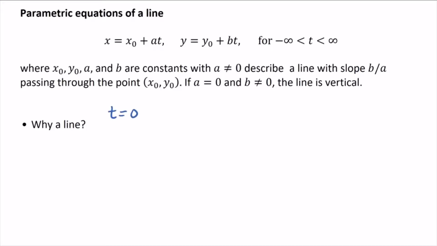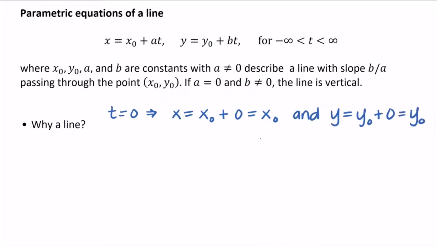First, notice that if t equals 0, then using our equations, we get that x equals x naught plus 0, or x naught, and y equals y naught plus 0, or y naught. This corresponds to the point (x naught, y naught) being on the line. Second, if the slope of the line is given as b over a, which equals delta y over delta x, then we can look at our parametric equations again.